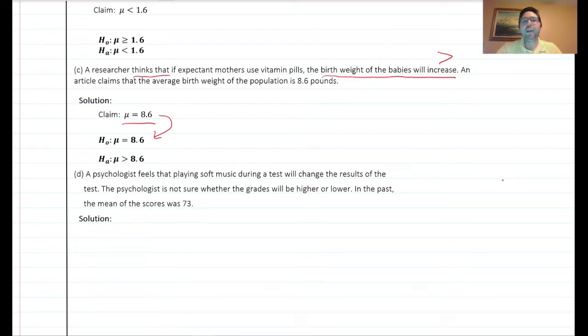This is why the alternative hypothesis is also known as the research hypothesis, okay? This is why we call this the research hypothesis, because it depends on what the researcher thinks, and that's the hypothesis that the researcher can actually test, okay? So the research hypothesis is based on what the researcher thinks.